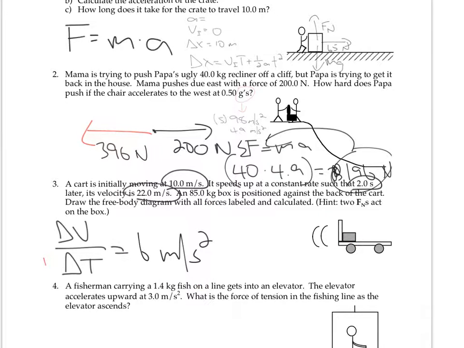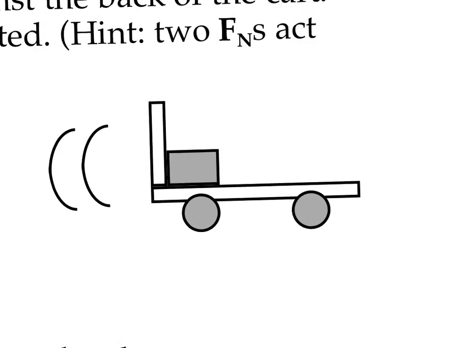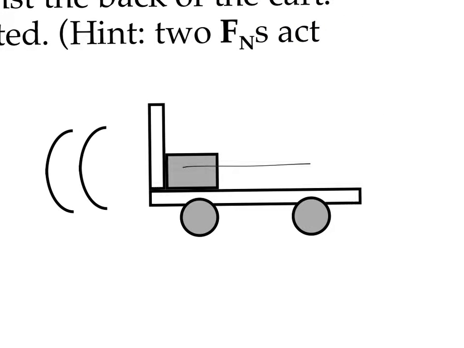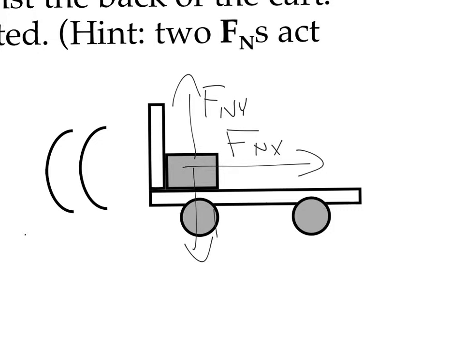So where does it get that acceleration? Well, if we were to zoom in on this box, there's a force this way from the wall, and we'll call this force normal x. There's a force normal y, and then there's the force of gravity.